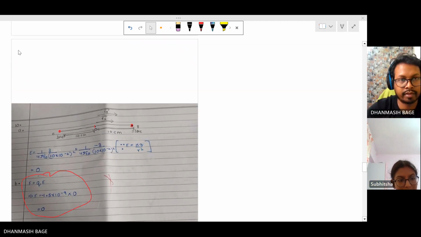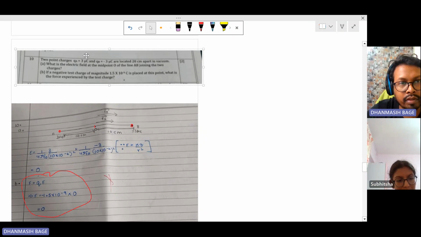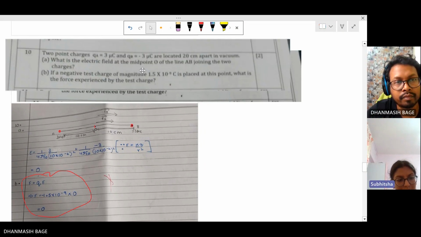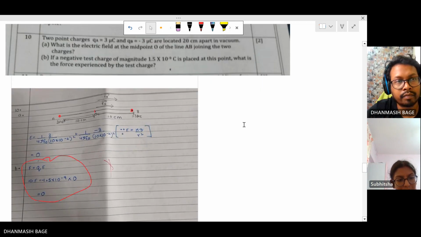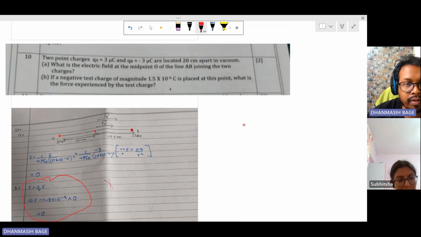Yes, this is the question. So two charges plus 1 coulomb, minus 3 coulomb, 20 centimeter apart in vacuum.